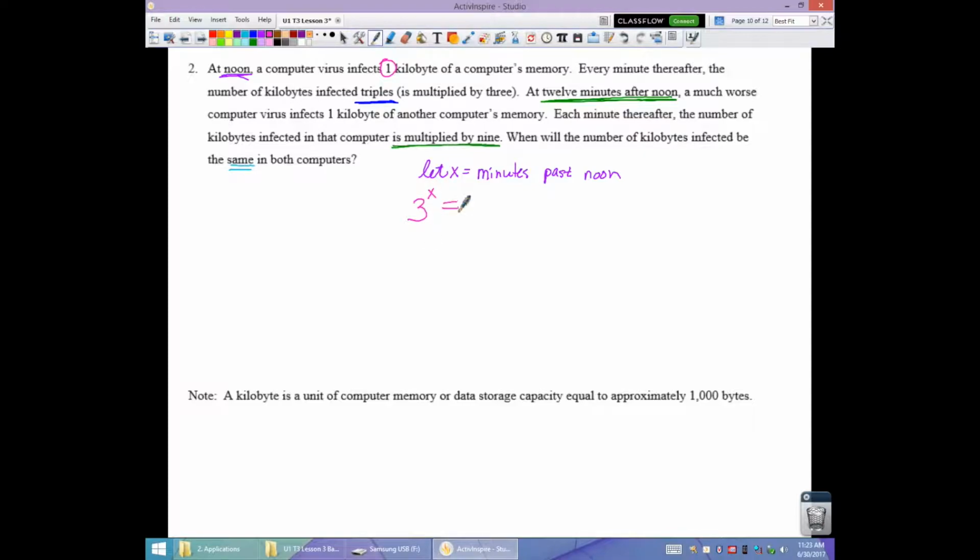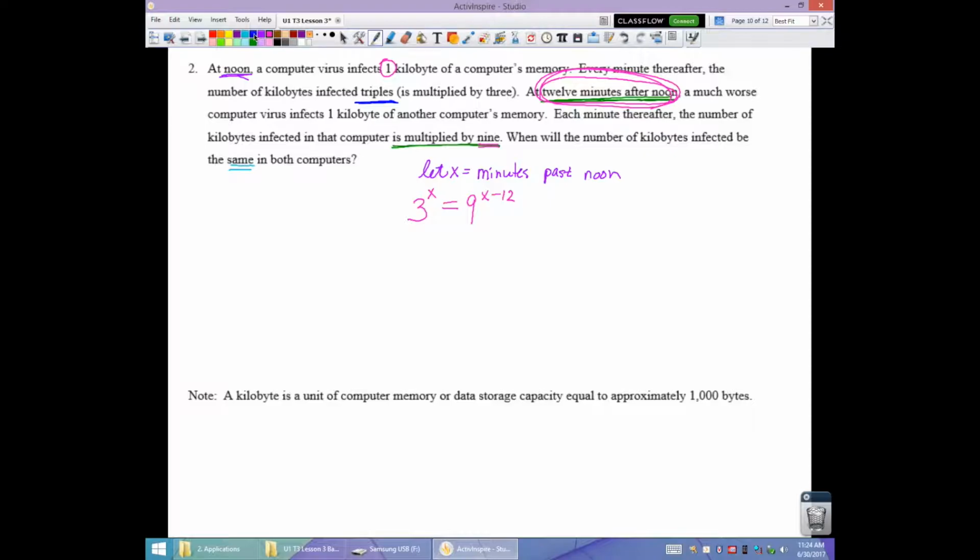When will that be equal to the other computer, multiplying by 9 every minute, but it was only being multiplied 12 minutes less than the first computer? So x minus 12.